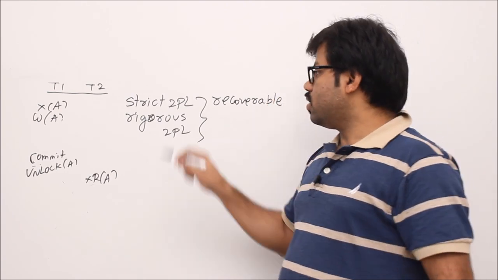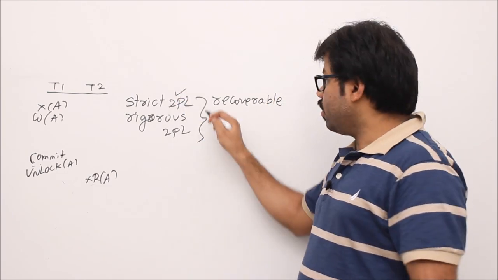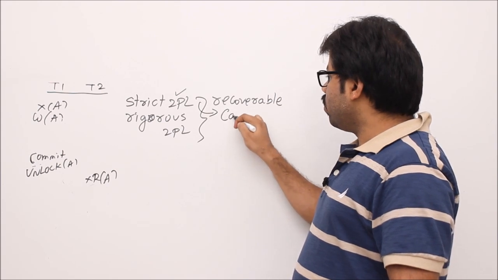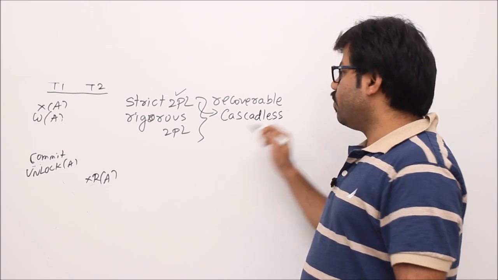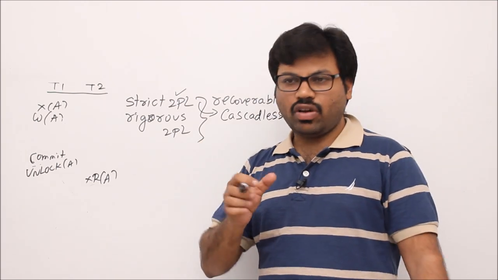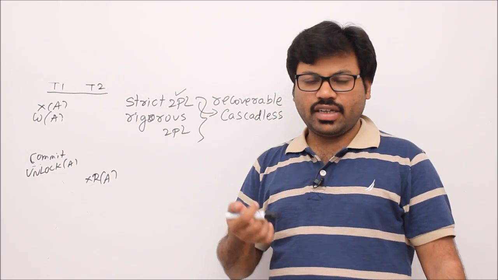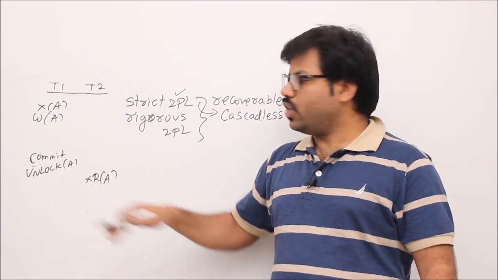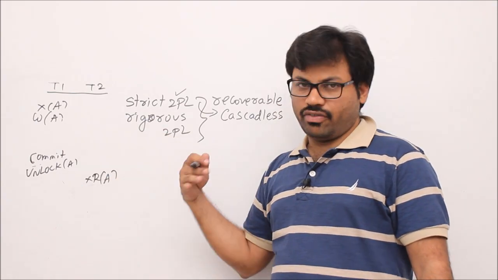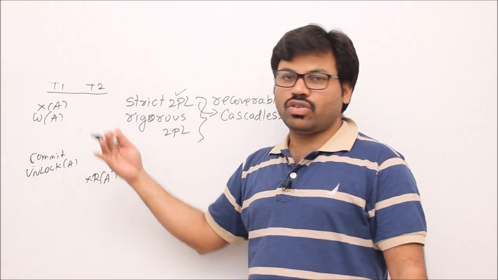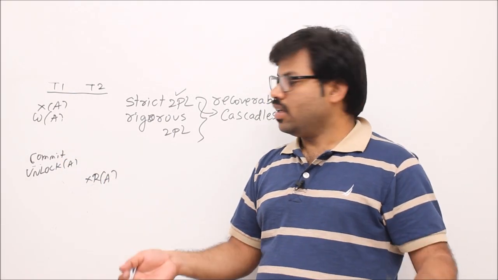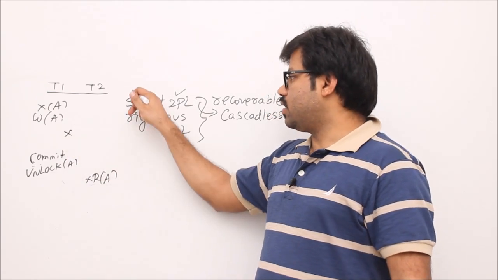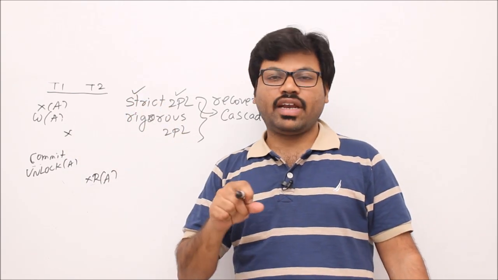Moreover, strict 2PL allows only cascadeless schedules, correct? We have seen it. Whenever you update data, we do not release the lock until you commit, so only committed values can be read. So how can you get dirty data? There is no dirty data. That is the very important point in strict 2PL: no one can read dirty data.